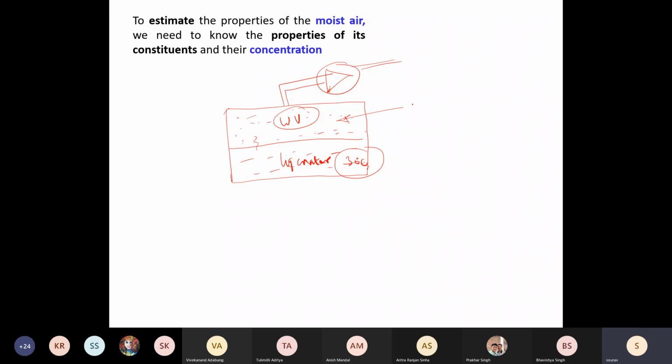The pressure exerted by this water vapor would be equal to P saturation at T equals 30 degrees for water. I think that will be close to 4 kPa. That would be at equilibrium.